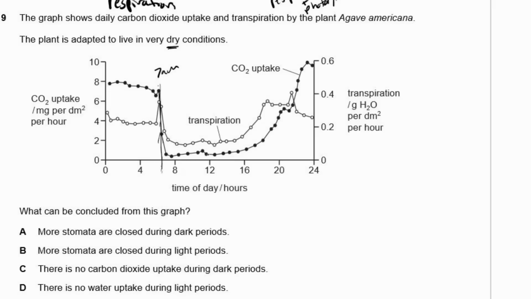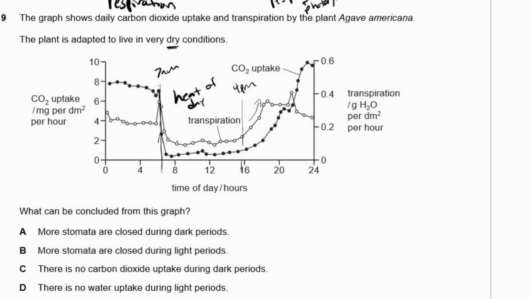And when the light starts to go up around here at about 4 p.m., then the CO2 starts to increase. Okay, so the thing with transpiration, because CO2 uptake and transpiration are very closely related. Now, the thing with this is the heat of the day.